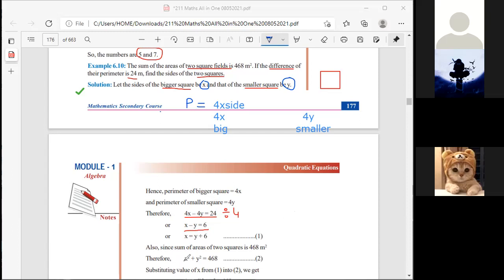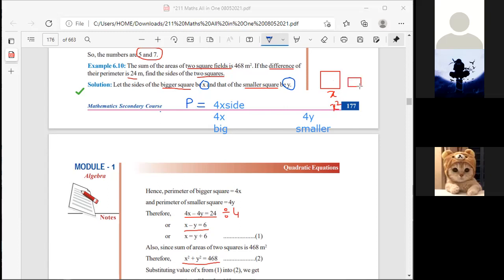Now what I'm going to do is I can form the other equation. What is the other equation? The sum of the areas of the squares is 468. If I call the side of the bigger square to be x, then the area of this is going to be x square. Side square is the area of the square. Yes or no? Yes, ma'am.